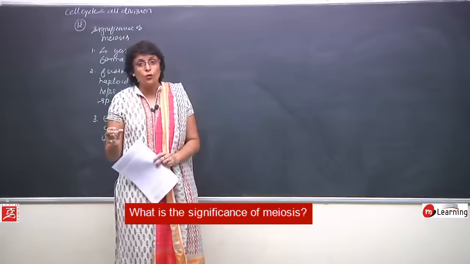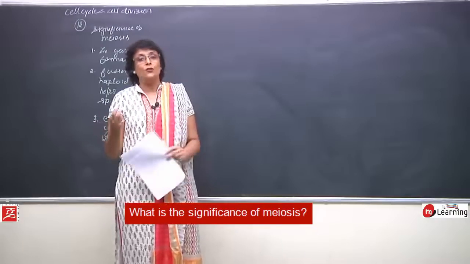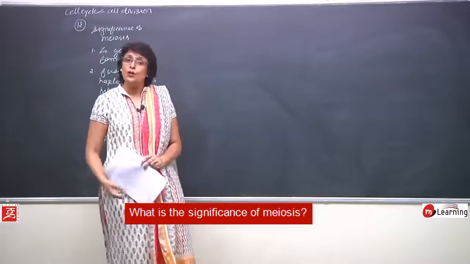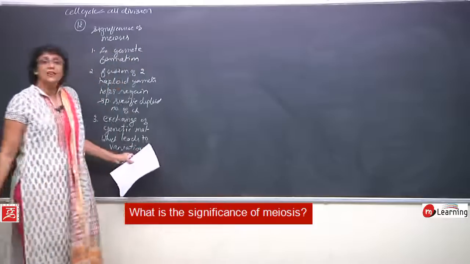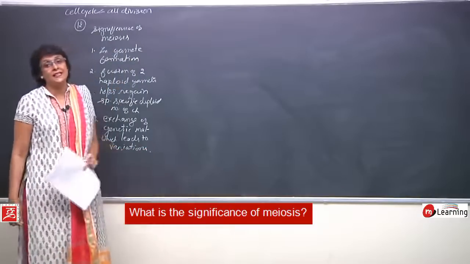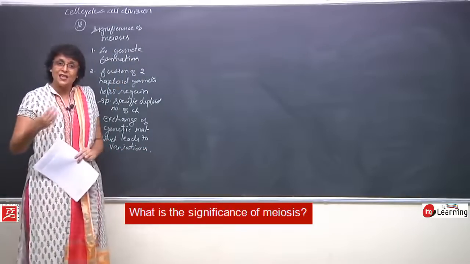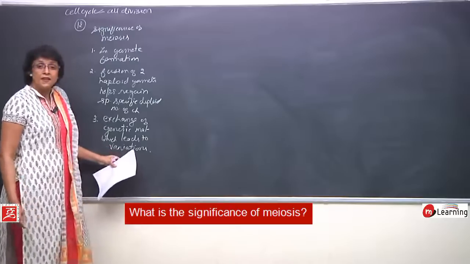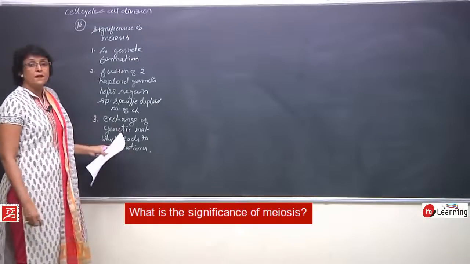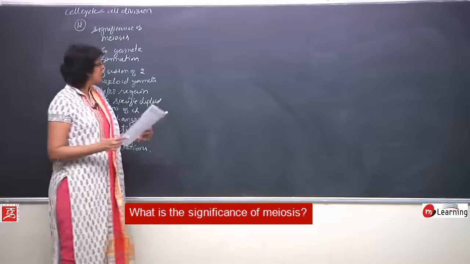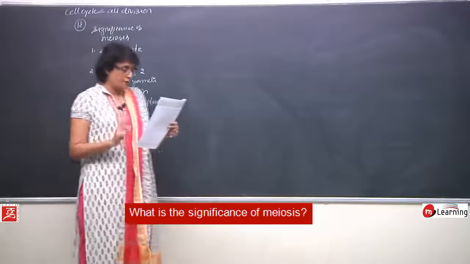Do they look like clones? They have differences, and those differences are due to these variations, and variations help in better adaptation. So, these are the significant points of meiosis. Question number 12 was this one.